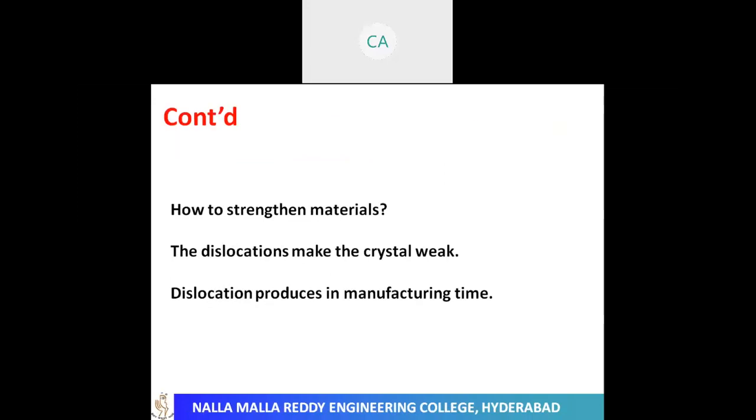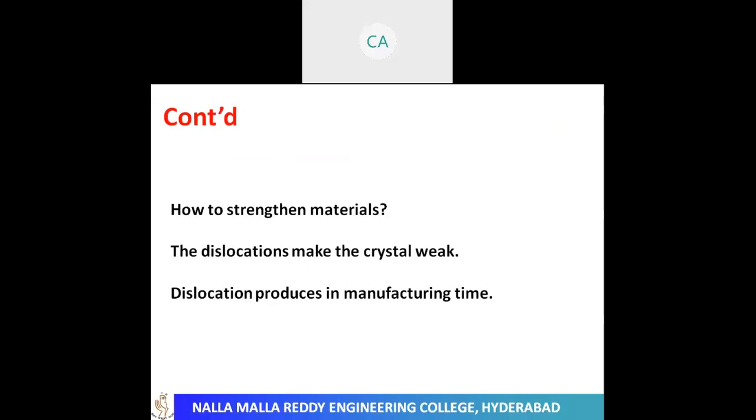So, how to strengthen materials? What we have been discussing now is that the dislocations make the crystal weak. So, one can think of a way of strengthening as simply removing the dislocations to make them stronger.